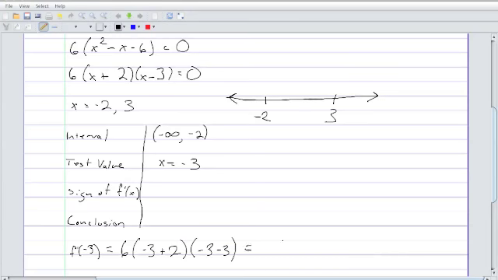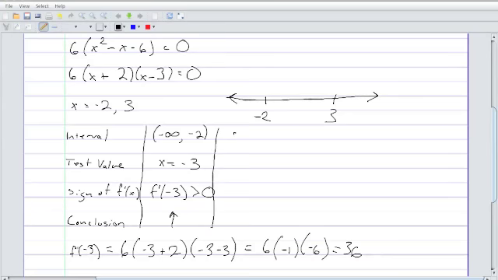That's equal to 6 times negative 1 times negative 6, which is positive 36. So f prime of negative 3 is positive, which tells us that on this interval our function is increasing.